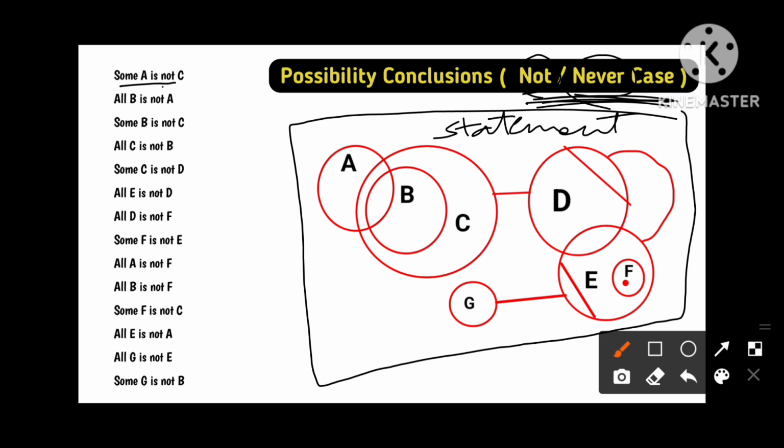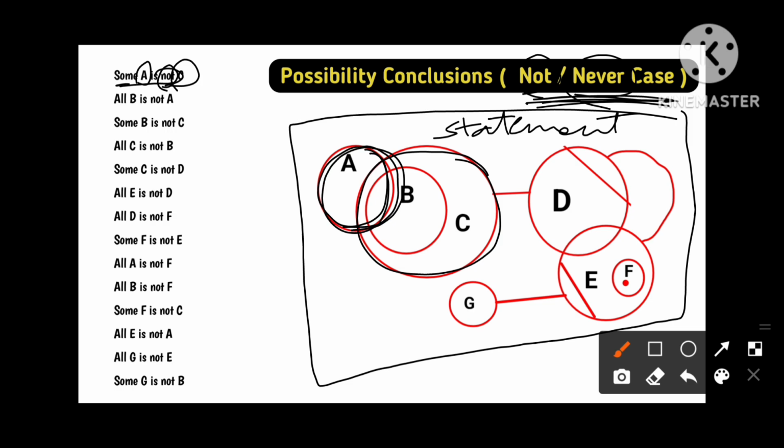Let's see the first conclusion. Some A is not C. Here we see not. If we see not or never, what we need to check is, instead of some, we check the all case. Can all A be C or not? Can all A be placed inside C? Is it possible or not? It is a possibility case. If we see not, then we need to check possibilities.